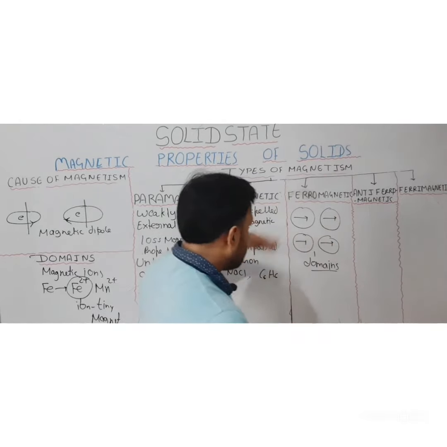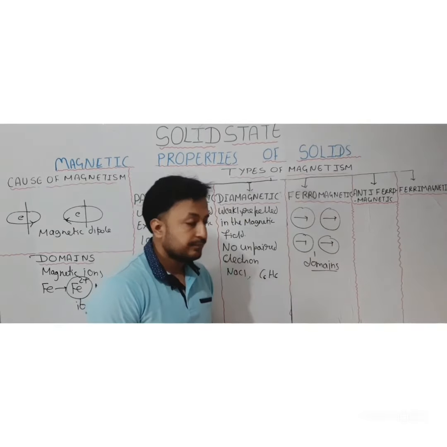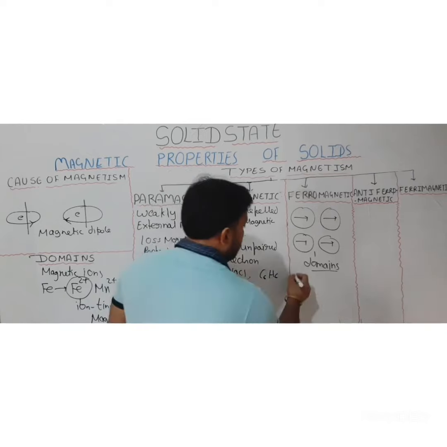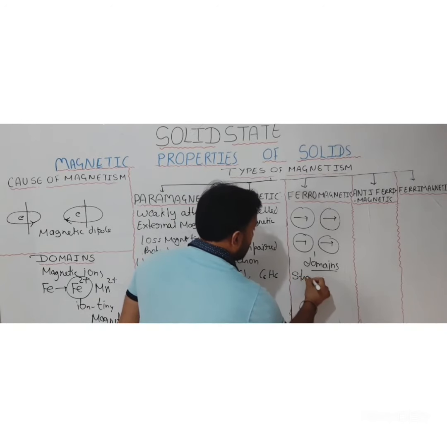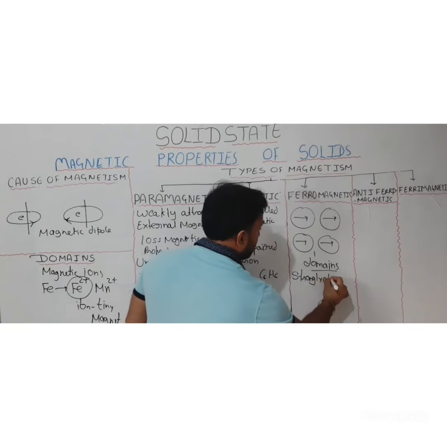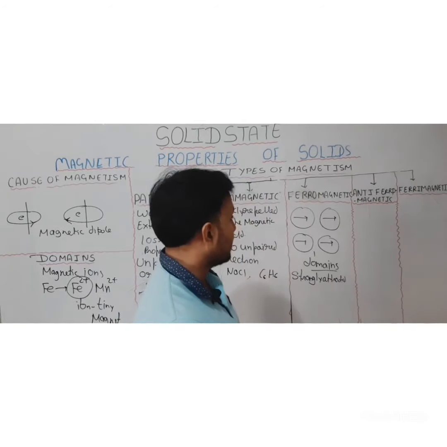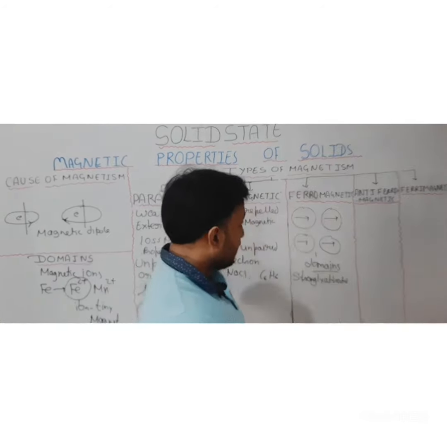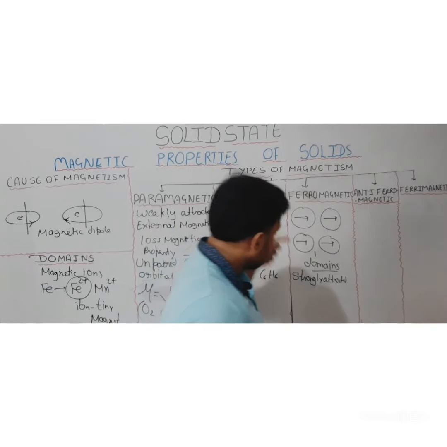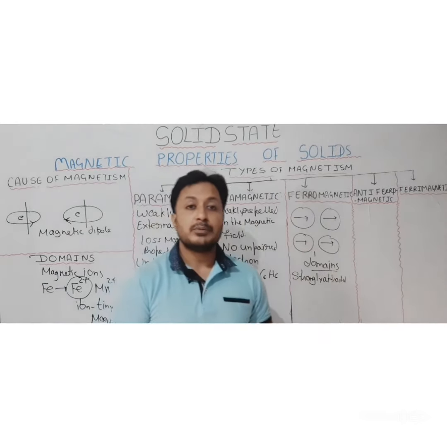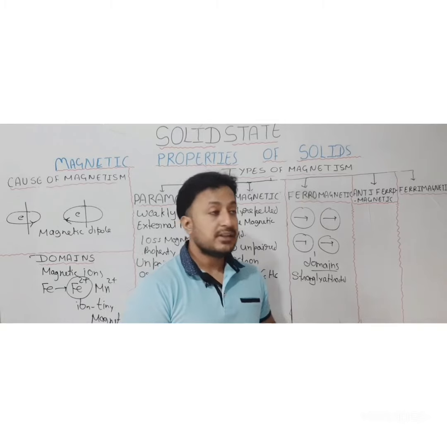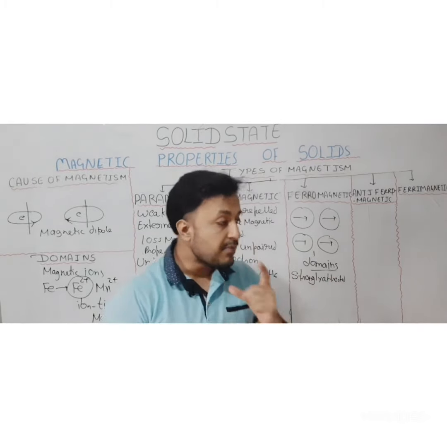They will align themselves in the same direction, due to which they are strongly attracted in the magnetic field, and even if you take out that external magnetic field, their magnetic properties will remain. Means they will become permanent magnets.